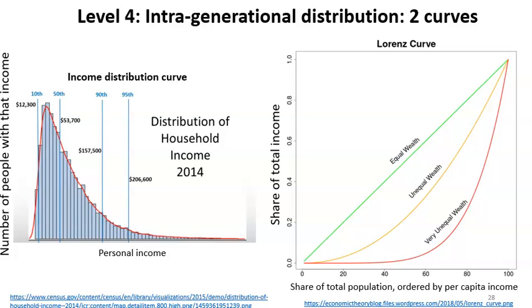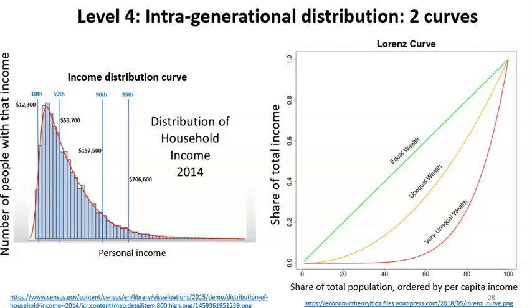For perfect equality, if we increase population by 1% in our graph, we also increase the cumulative income by 1%. So we get a straight line. A straight line is a perfectly equal society where everybody has exactly the same income. And the more unevenly the income is distributed, the more bent this curve is. So the orange curve here would be a society with medium inequality, and the red curve would be a society with high inequality.